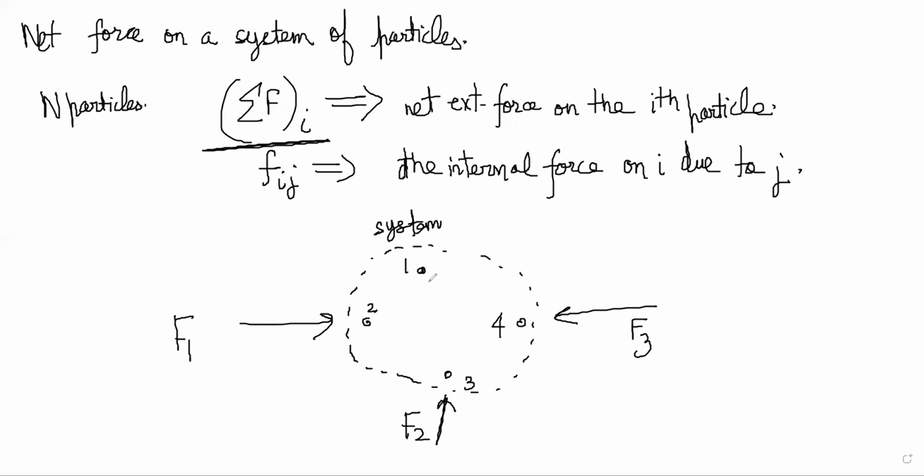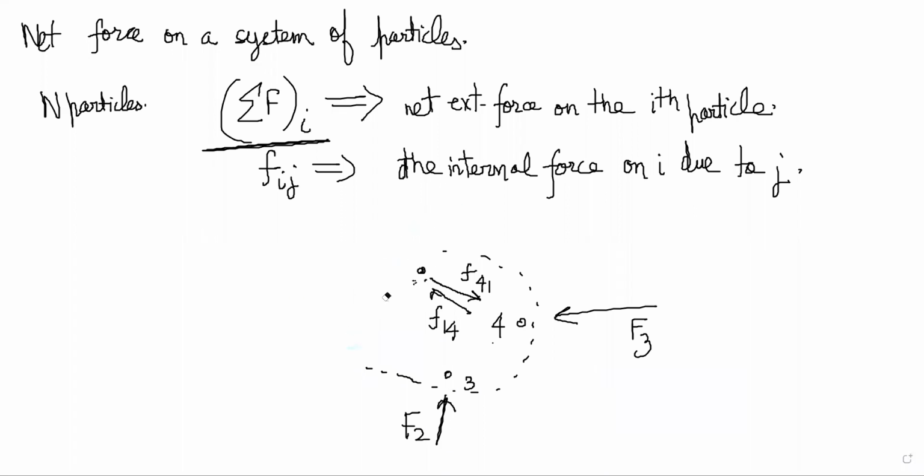Now, there is a possibility that there are also internal forces on these, right? So we will call this F41 and this F14, because this is the internal force on 4 due to 1, and this is the internal force on 1 due to 4, right? So if we apply the second law to any particle, say the ith particle, how will we do that?